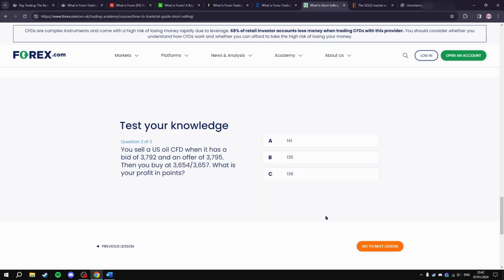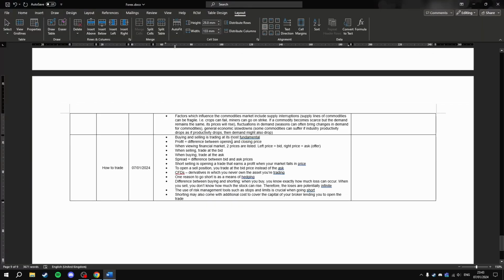You sell it when it has a bid of that. So bid is the right hand side, so it's not a buy price, so it's an offer of that. So you sold it at that price. Offer is the ask price, or is a sell price, isn't it?